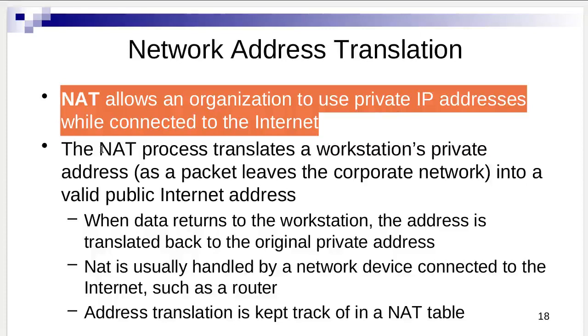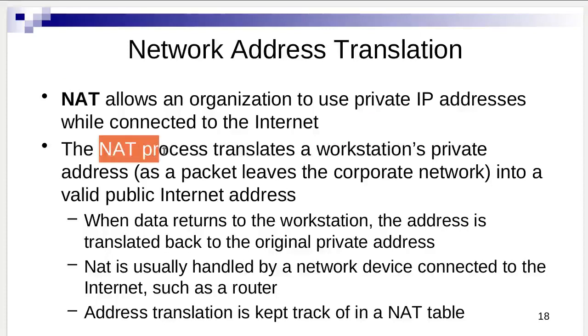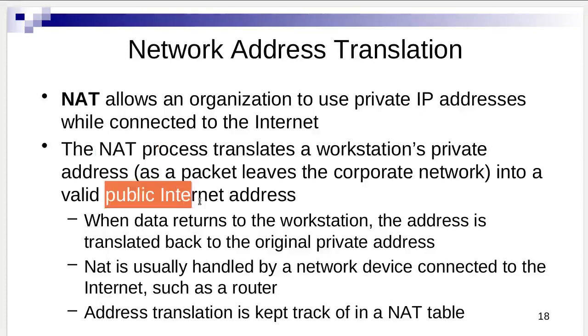So for example, if you're sending out a packet of data to a website on the internet, your NAT will translate that private IP address that you have internally into a public IP address that your whole, let's say, corporation or university or organization is given.